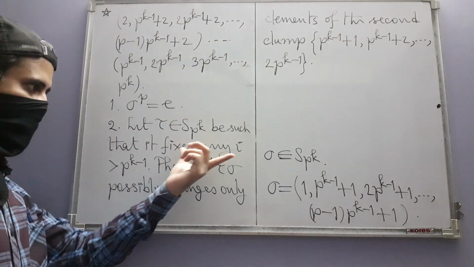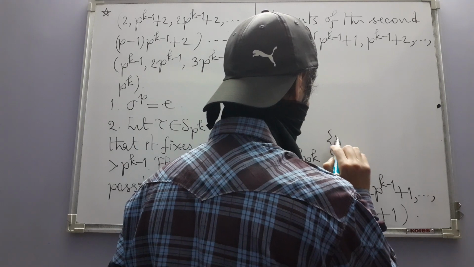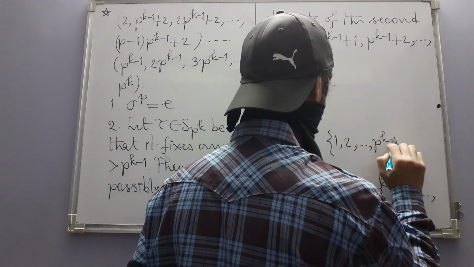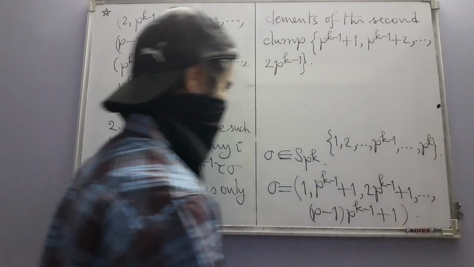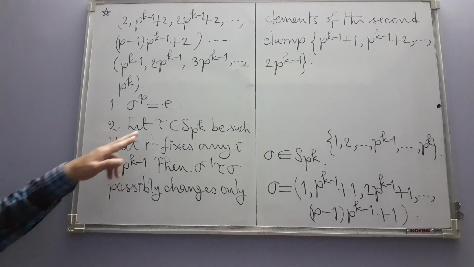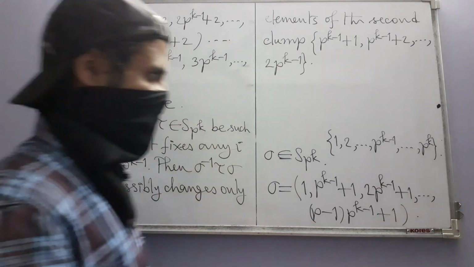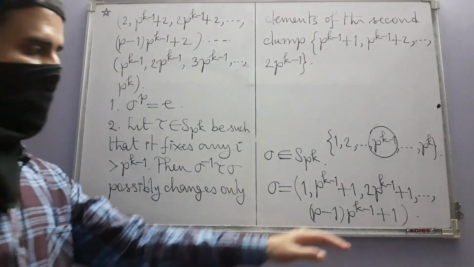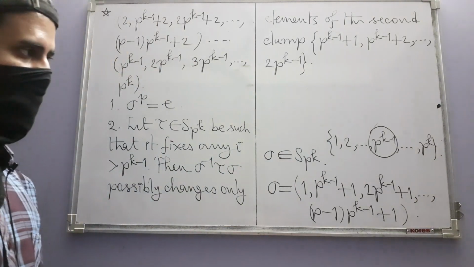What this part says is that in the set of all symbols, tau actually does not change any symbol that exceeds this. That means tau has no effect on that part of the set of symbols.